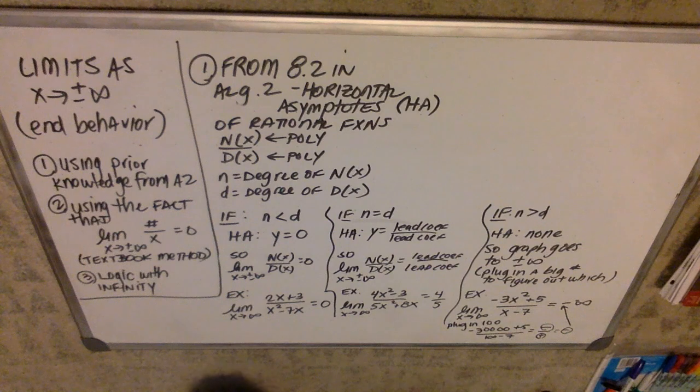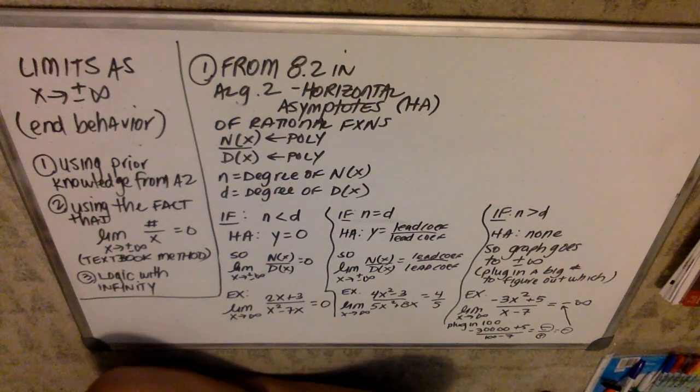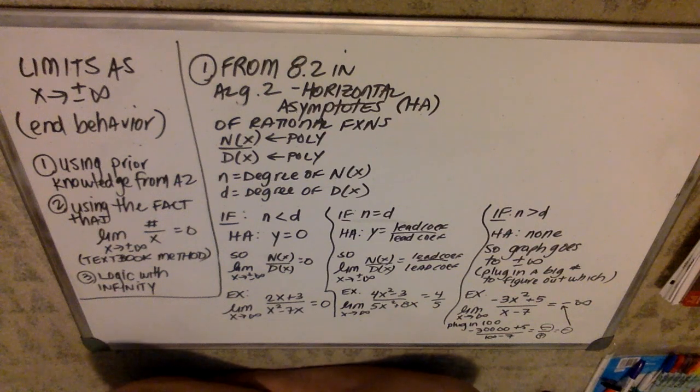So let's start with talking about previous knowledge from Algebra 2. In section 8.2 of Algebra 2, which was probably sometime in early January of last year, we learned that rational functions, like a polynomial on top of a polynomial, have horizontal asymptotes depending on the degrees of the numerator and denominator polynomials.